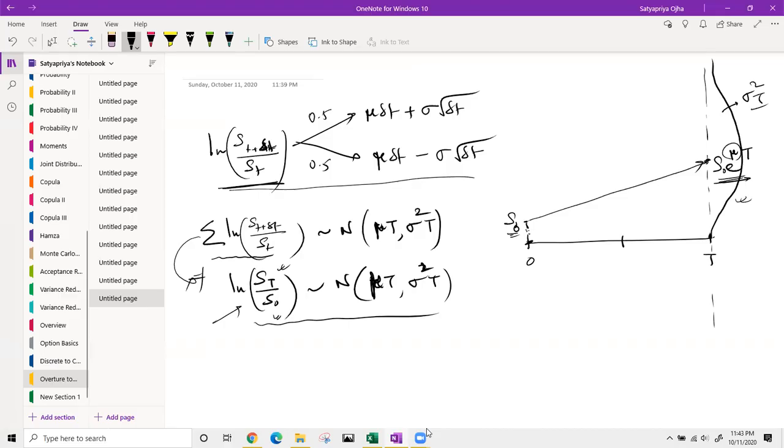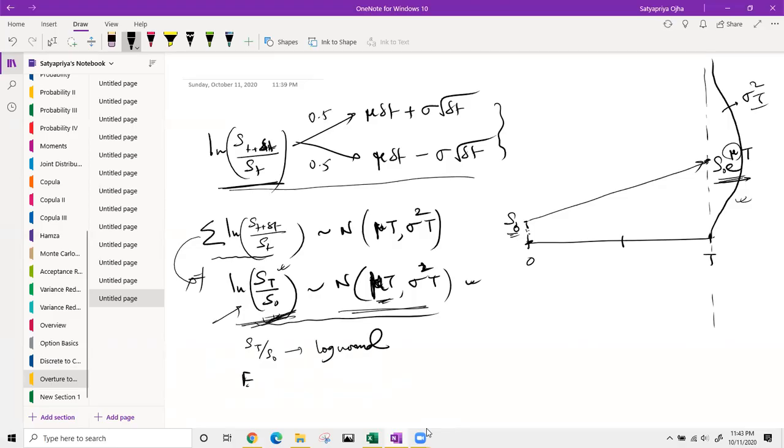Okay. So if mu t is the mean of log returns, which is what this model is about, you get the mean of the log return as mu t. And we know that if log of something is normally distributed, then that something is log normally distributed. So St by S0 is log normal. This is the definition of log normal.